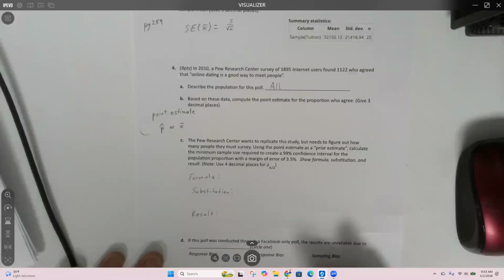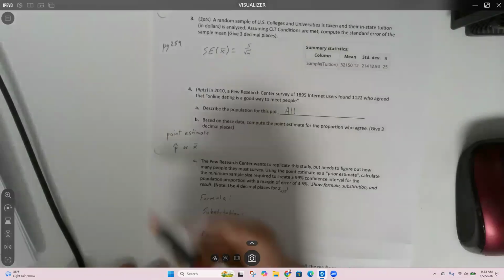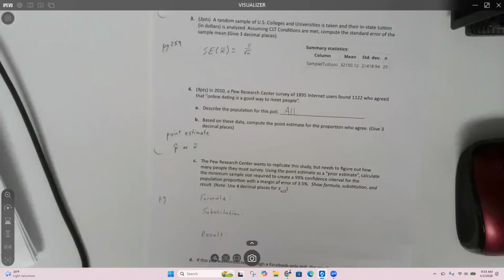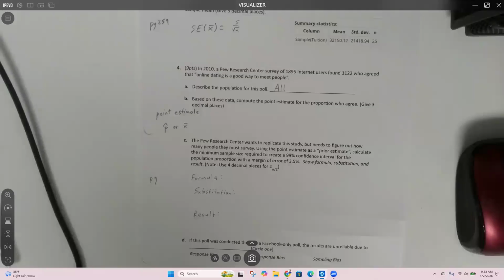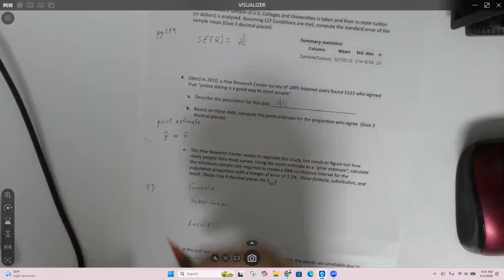What page is the formula that I need to calculate the minimum sample size? Page 261, yes.